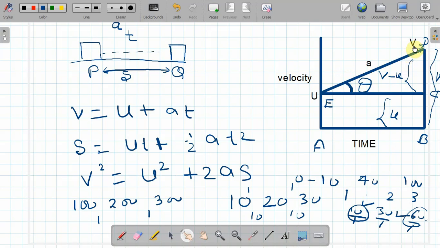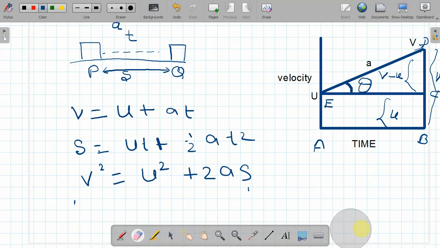Now the second most fundamental important thing is that, based on the numericals, you have to apply the equation according to what is given. Suppose displacement is given and acceleration is given, and you have to find the initial velocity.